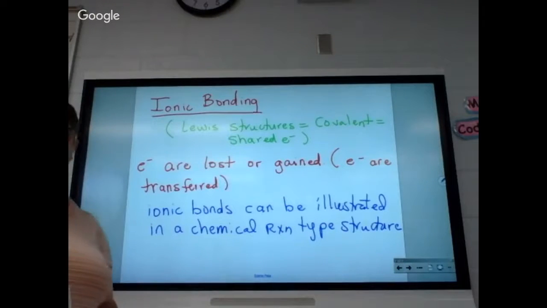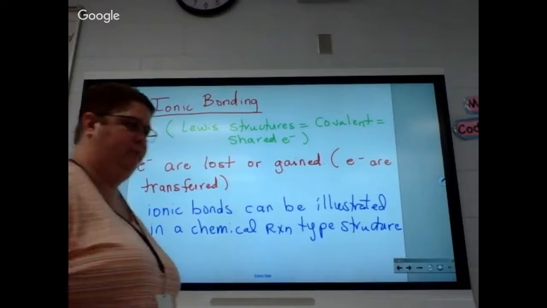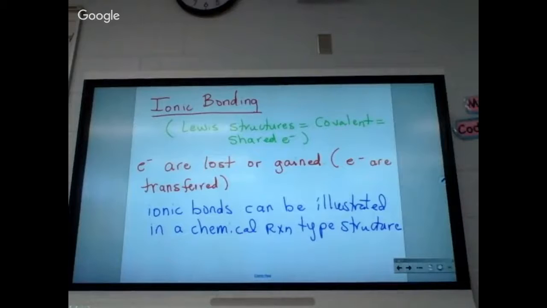It's not really a chemical reaction, just sort of looks like one. All right, has everybody caught up?